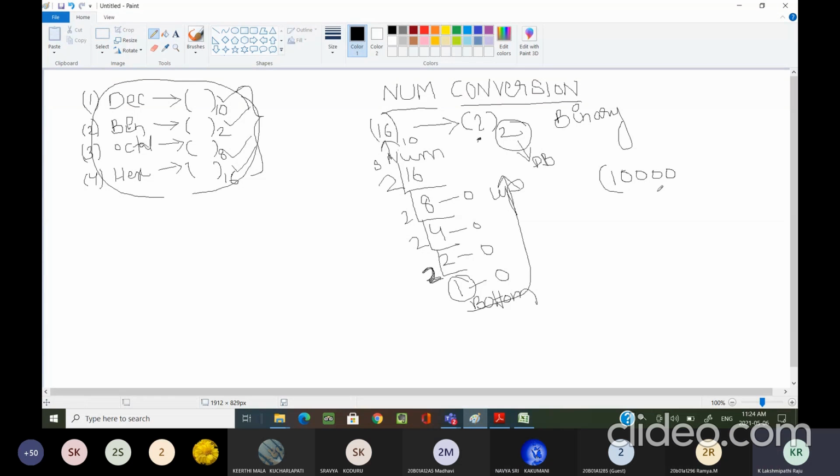This is the final answer and the required binary number for the given base 10 number 16. If you convert 16 into binary, you are going to get 1 followed by 4 zeros. This is the final solution. This is simple mathematics only. Here we don't get any problem, because for binary, the remainders are always zeros and ones.